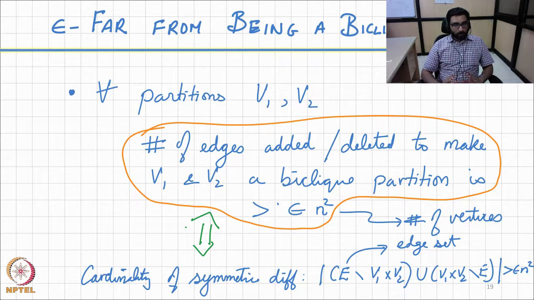Okay, so let's remind ourselves, we have a graph, we know that it's either a biclique or it's epsilon far from being a biclique. And we need to test and find out which category it belongs to. We want to arrive at an algorithm that exercises this enforce and test technique.